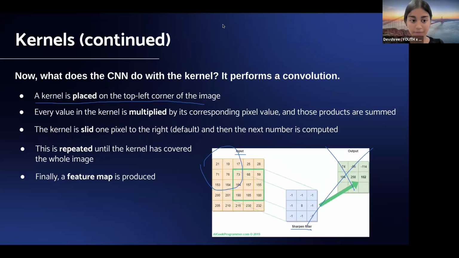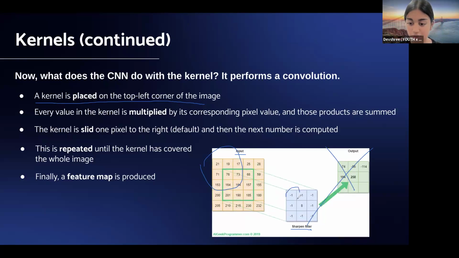What happens here is that every value inside the kernel, so the -1, the -1, all these numbers inside the kernel, are multiplied by their corresponding pixel value. So what that means is that we just saw the kernel looking at a part of the image, and every image pixel has its own numerical value. Whatever matching part of the matrix aligns up with the input, those two numbers get multiplied.